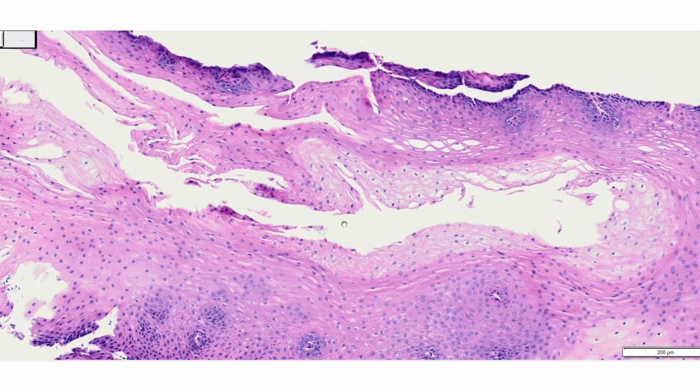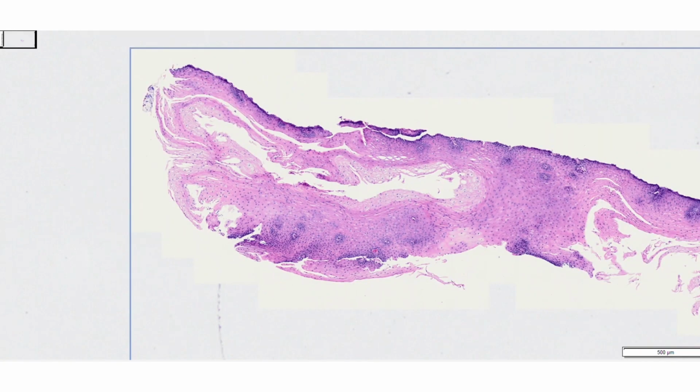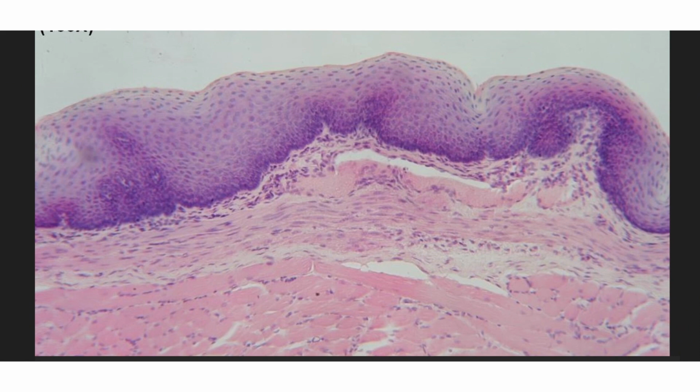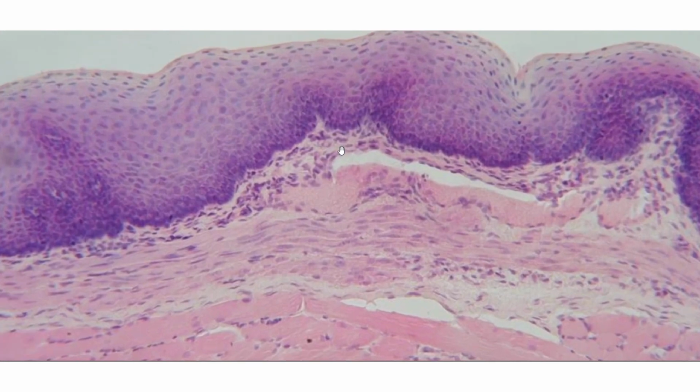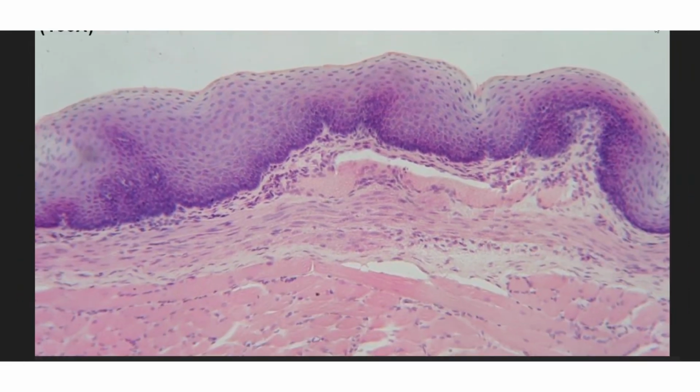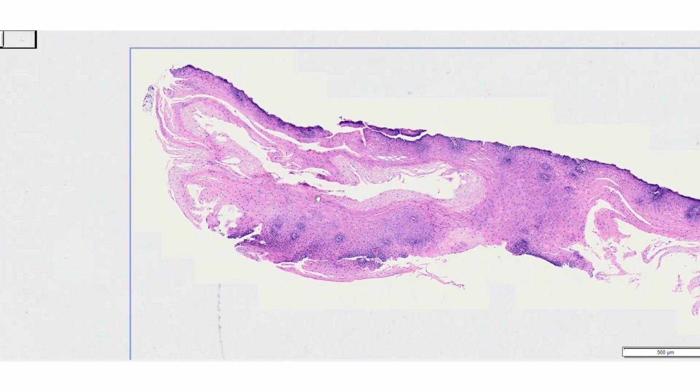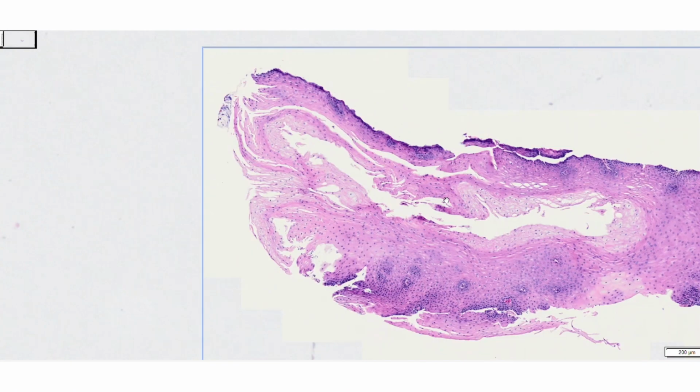And you can see why here. Okay, this is just another reminder of a normal esophagus. This is normal esophagus. This is not normal.